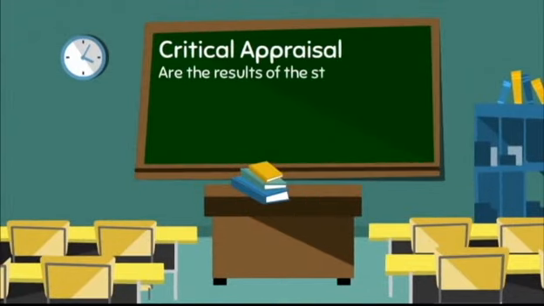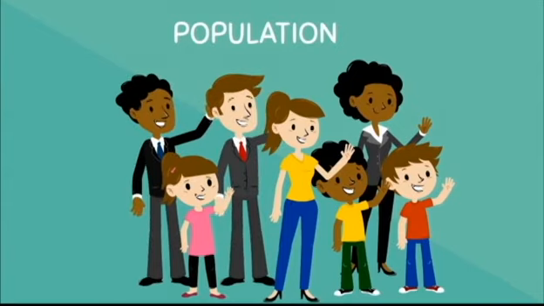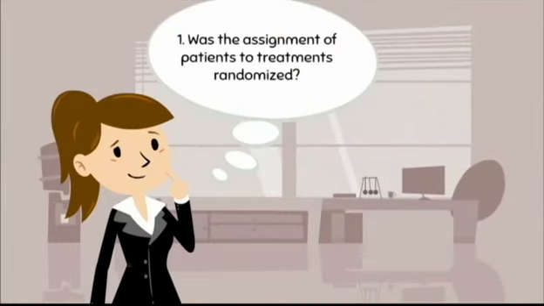To assess the study validity, we consider 3 aspects: the population, the follow-up, and the outcome. Okay, the population. The first question we ask is whether the patients were randomly assigned to the treatment arm.